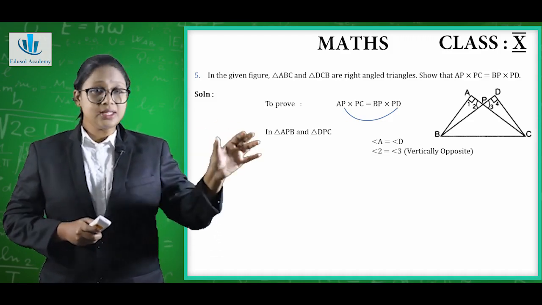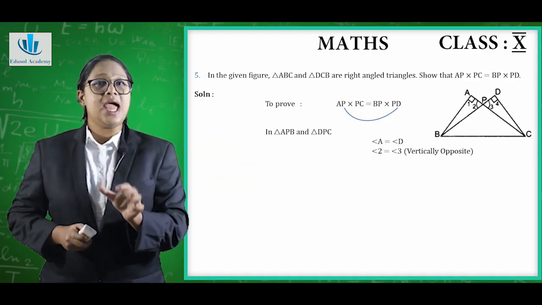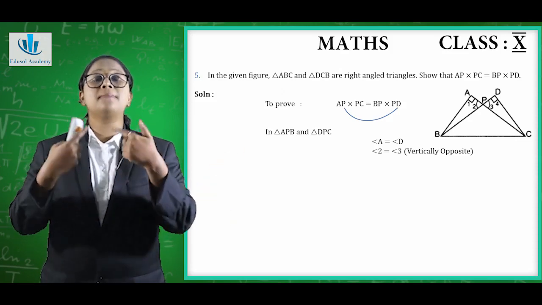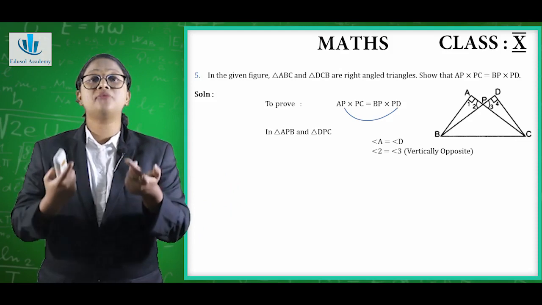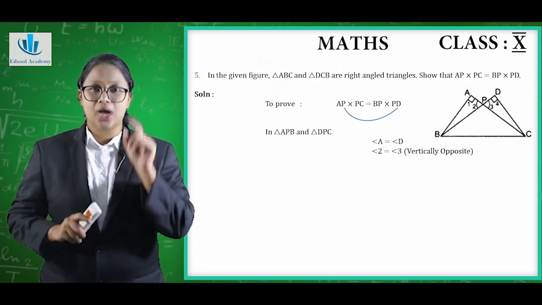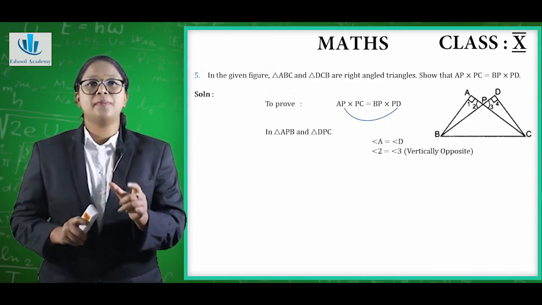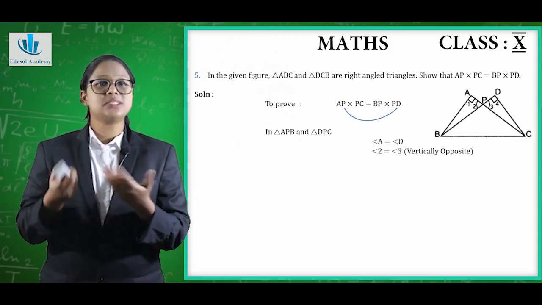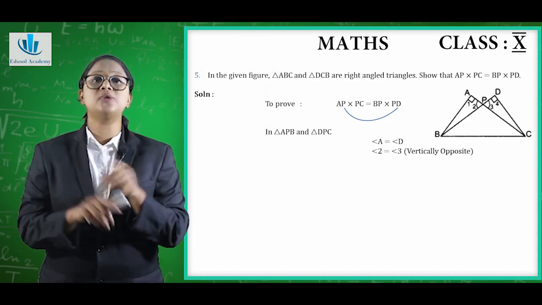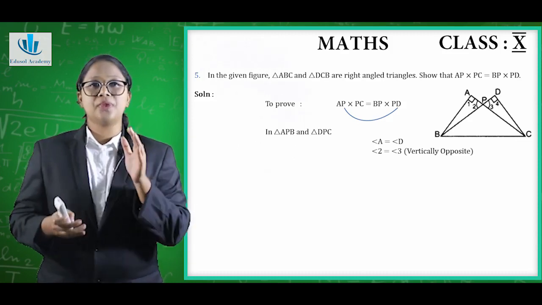I am going to bring this PD to this side and bring this PC over to this side. Now they were being multiplied at first, but after transposing, those become division, or ratio form. I hope that's very clear, because in questions they can ask anyway. So when they are given in product form, you have to transpose and make those into ratio forms.